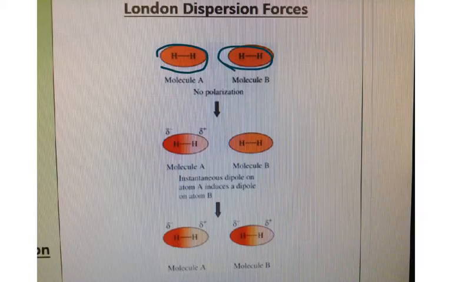But if you know anything about electrons, electrons are constantly moving. And if you give them a long enough time, they might be situated more towards one side of the molecule than the other, because they're constantly moving back and forth. So at one particular moment in time, they may have gone more towards one side of the molecule than the other and not be perfectly split.